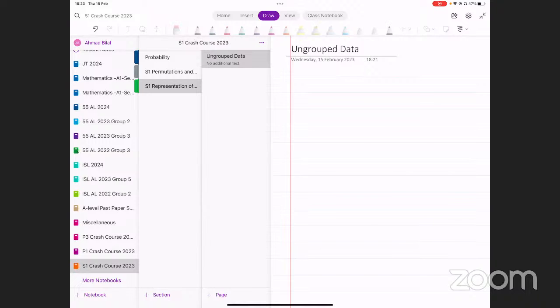Now, today we start this next topic. This is representation of data. This is one of the easier topics in S1. You've done a few concepts of this in O-levels already. So we'll be talking about finding mean, median, mode of data, both for ungrouped data and tabular data, group data.